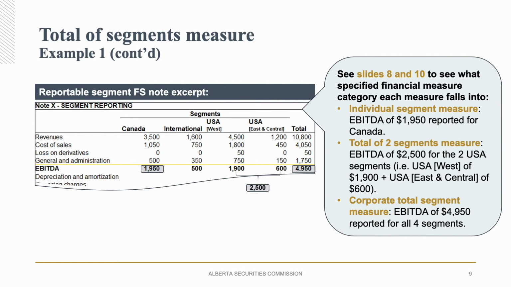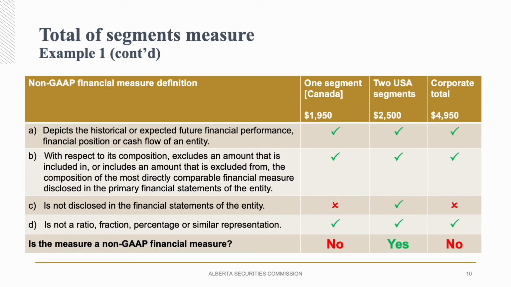Both the individual Canadian reportable segment measure of $19.50 and the total of the two US reportable segments EBITDA measure of $2,500 are not total of segment measures. Let's see if either of these measures are non-GAAP financial measures. On this slide, for each measure, I will go through each paragraph of the non-GAAP financial measure definition to see if it meets the conditions.